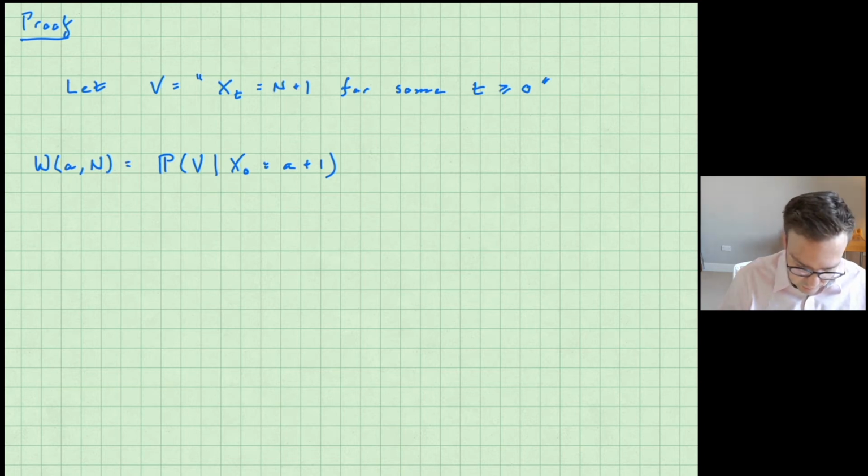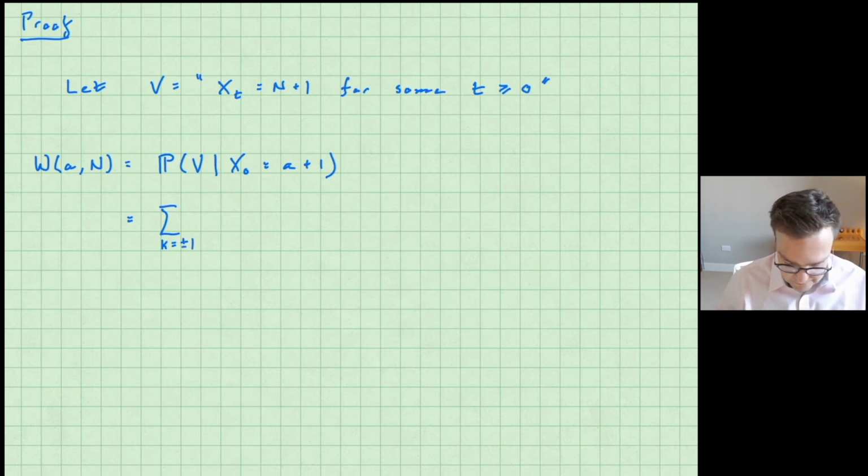And so we'll just write this out and discuss what it means or why it's useful as we go. So this is the probability, the same thing. This is going to be a sum. I'm using the total probability theorem. And I'm going to say K, which represents what happens during game 1. It's either plus or minus 1, right?